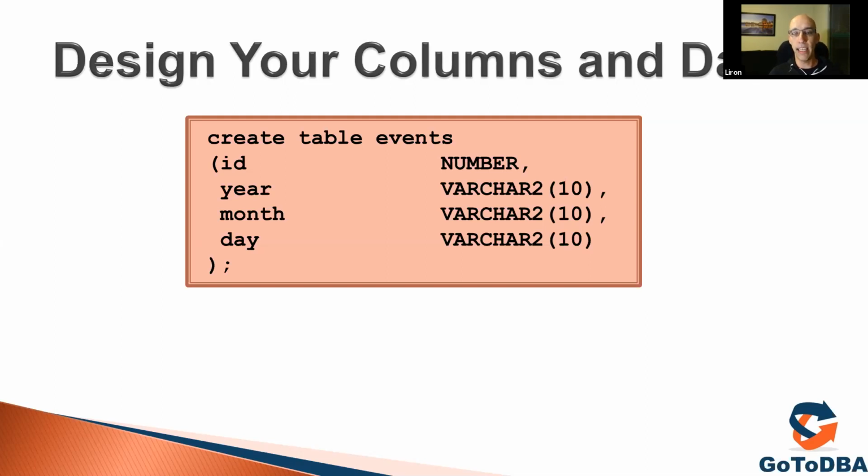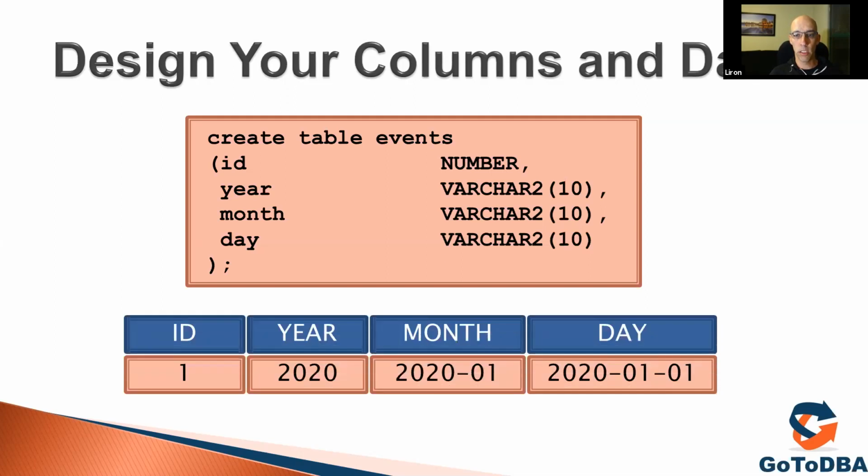But when I look at the data, this is how it looked. In this case, year, month, day, I would expect to see year 2020, month January or 01, and then day 01. But what they used is the year was 2020, but the month included the year and the day included the month. So this is a problem. And again, we had a huge optimization issue with that. This messed up the optimizer completely, and there are ways to overcome this.